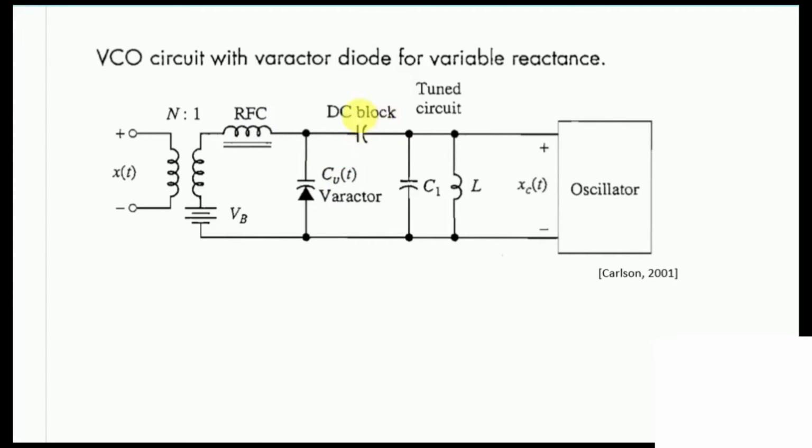Then we have a DC block, or simply a capacitor. This is simply an inductor, this is a capacitor. Again we have a capacitor in parallel and an inductor in parallel, and then importantly we have a varactor diode, right? So let us go one by one.